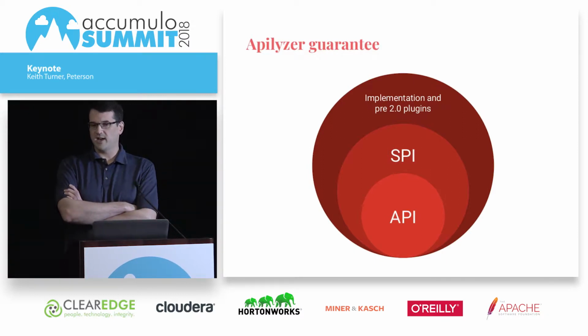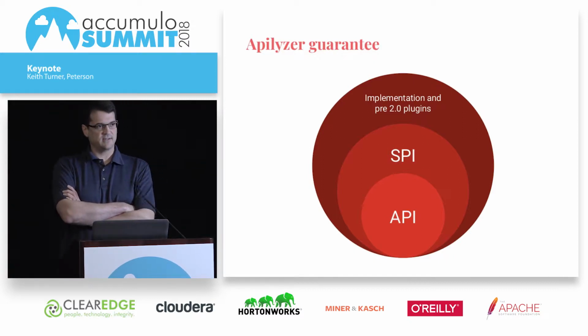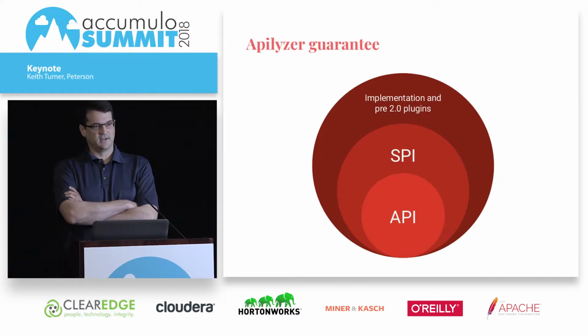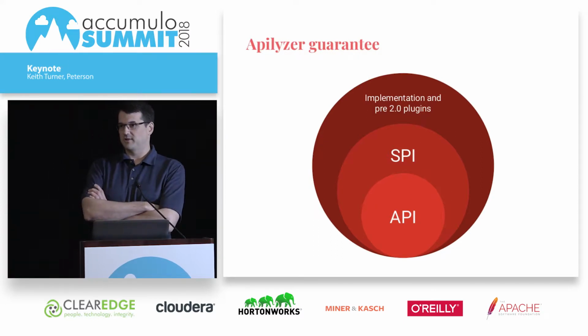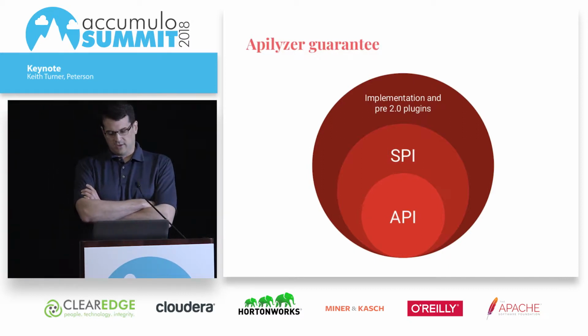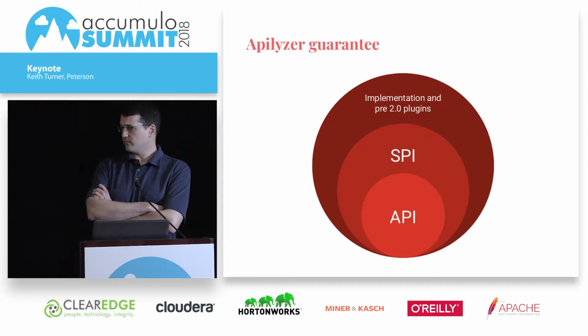And the plugin types, some of them have good interfaces in that they don't use a lot of internal types. And some of the plugins, their interfaces are not good. They use a lot of internal types that nobody's checking to make sure that they're stable over time. So for 2.0, a new SPI package was created in core.